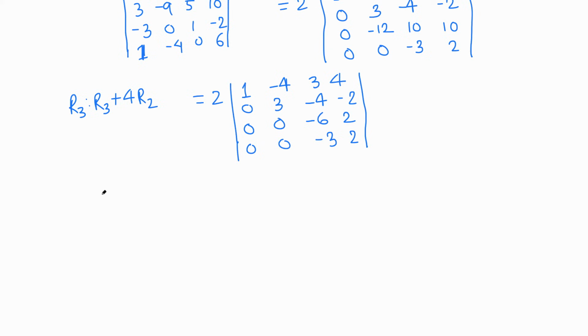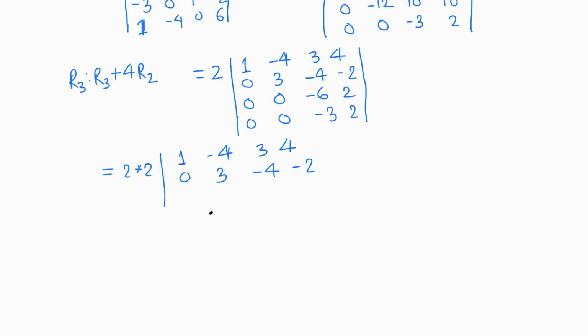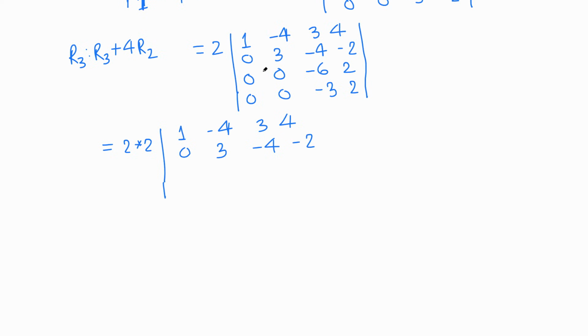We can factor 2 out, it doesn't matter, just 2, with no change on R1 and no change on R2. So when we factor 2 out, this is 0, 0, -3, 1.